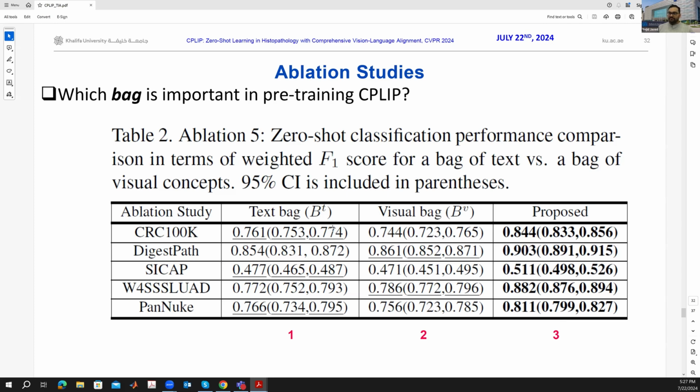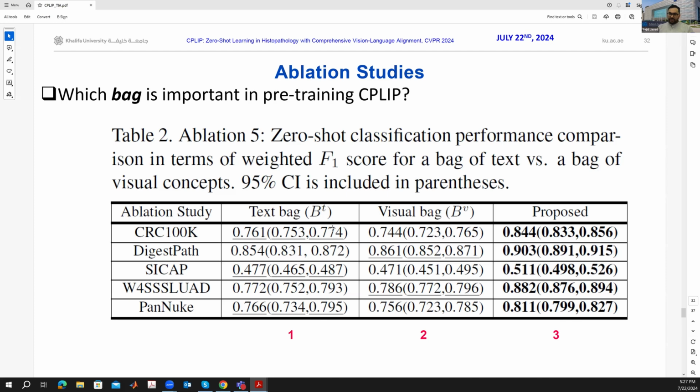And you can see that the performance is again fluctuating across different data sets, and if we apply only the visual bag, the performance is again a bit lower compared to only enforcing the textual bag. While we enforce both bags simultaneously, this is the proposed algorithm, and the performance always gets better if you are enforcing the bag of comprehensiveness in terms of textual description as well as in terms of visual concept.